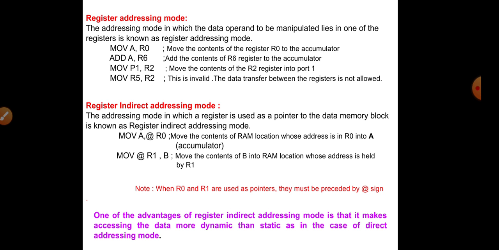Then the last one, the indexed addressing mode. This addressing mode is used to access the data elements of lookup table entries located in the program ROM space of 8051. For example, MOVC A, @A+DPTR. Here MOVC stands for move code, move a code byte. DPTR is a 16-bit register, and A is the accumulator.